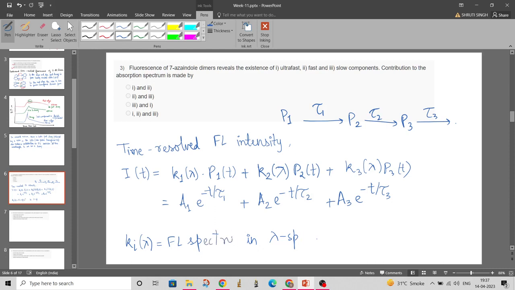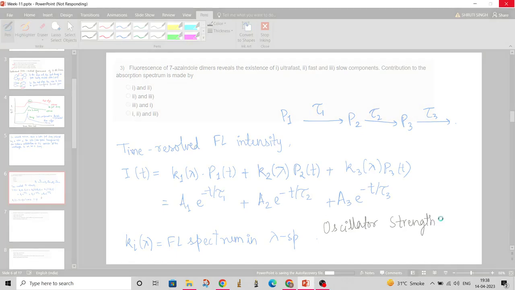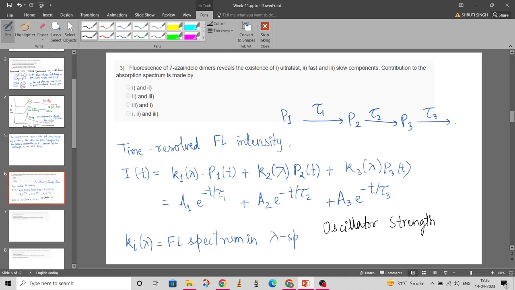That is the normal fluorescence spectrum. And there is a term called oscillator strength, which shows how strong is the transition.